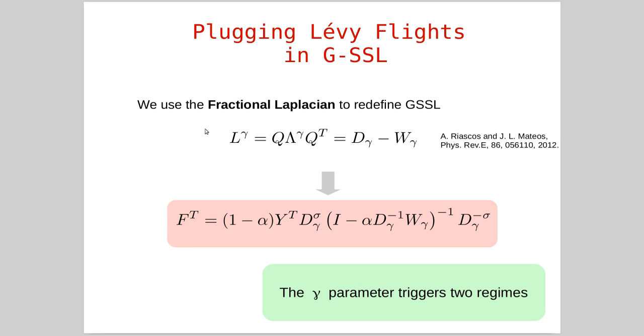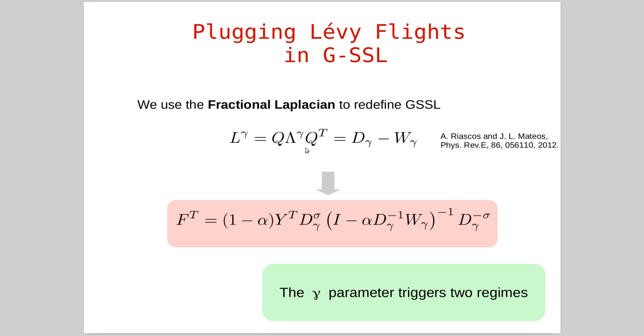We used, in this case, the definition given by Di Cusi and Mateos in a string of publications starting from 2012. And we use the fractional Laplacian, which is just defined with the eigenvalues raised to some power gamma.